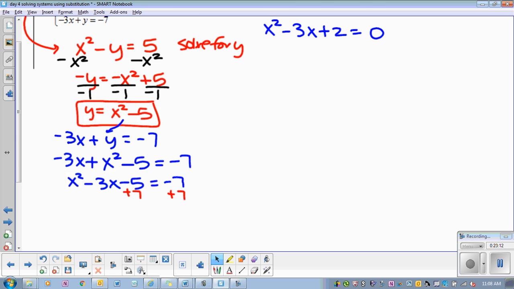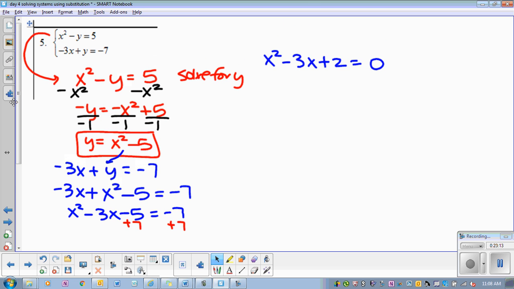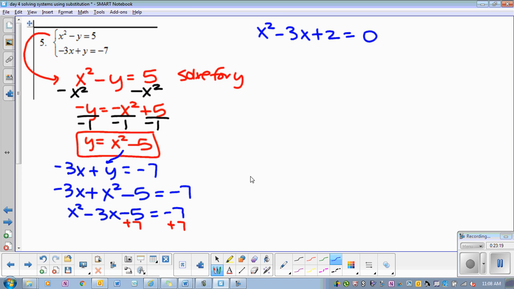Actually, I'm going to put that up there. Alright. So then this is AM. Guys, what are two numbers that multiply to give me 2 and add to give me negative 3? Good.